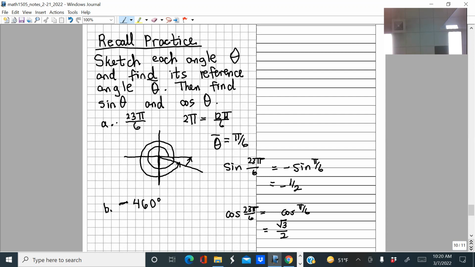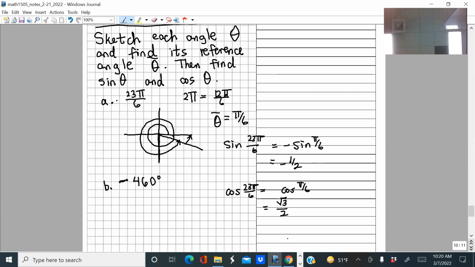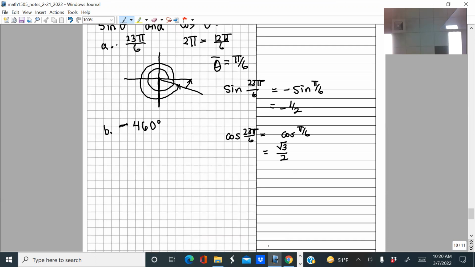Okay, what about minus 460? That's not a special angle. So you really do have to rely on the calculator. So finding the reference angle in this case is not as helpful because you still have to use the calculator to find sine and cosine here, even after you found the reference angle.